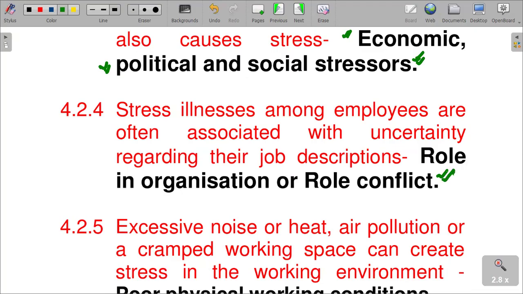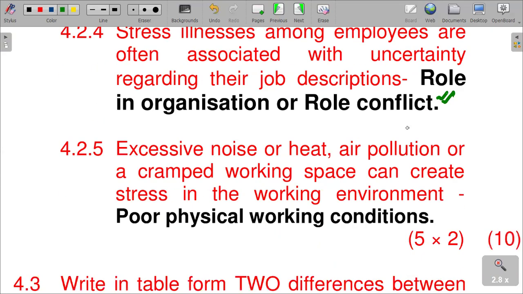It is about what exactly a person is doing in the organization, not understanding whether they are given a specific job description and whether they are able to meet it.